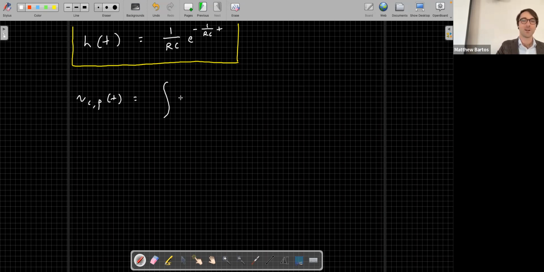So we're convolving h(t minus tau) u(tau) d tau. And this will be equal to, for our h(t minus tau), 1 over RC e to the negative 1 over RC (t minus tau).